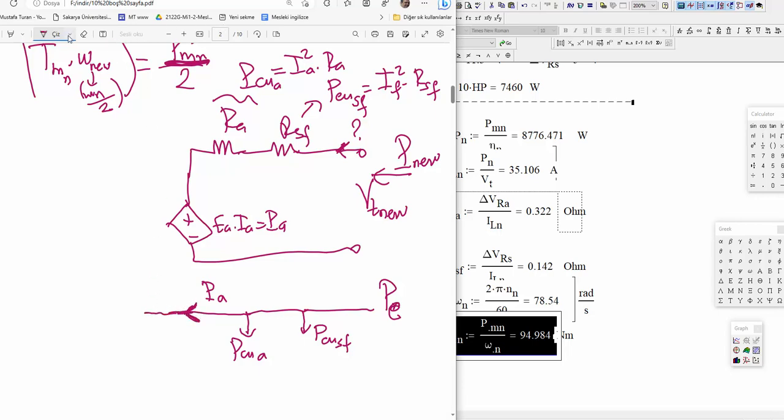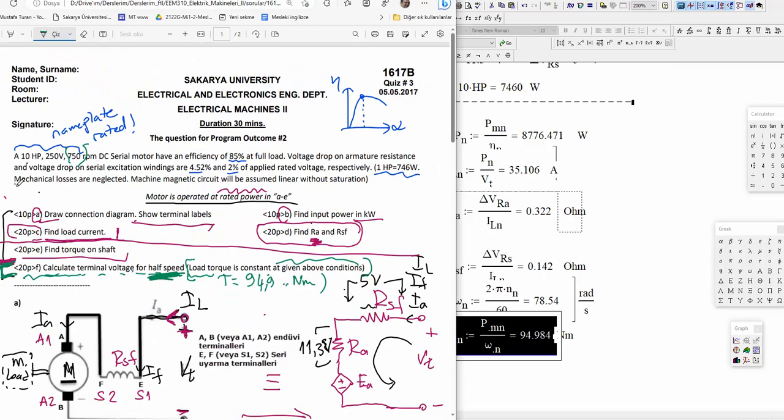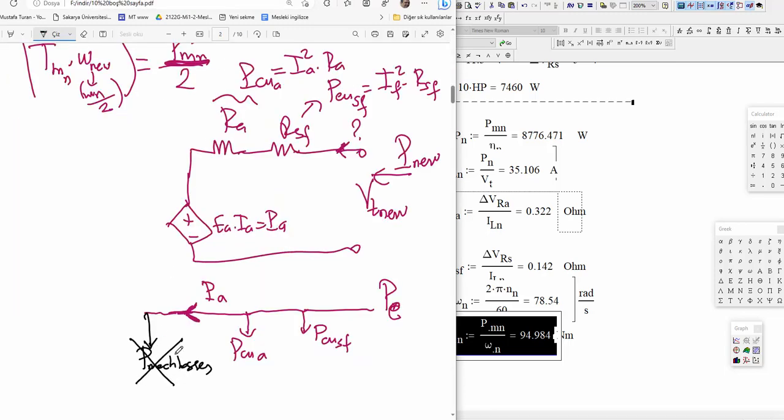Then possibly here are mechanical losses, but mechanical losses are neglected, so they are omitted here. The rest of the power will be delivered to the load. That is the power flow.